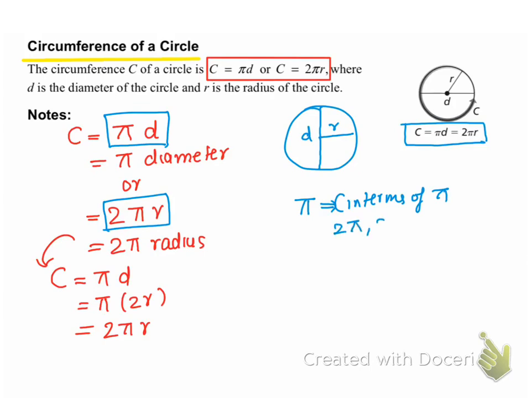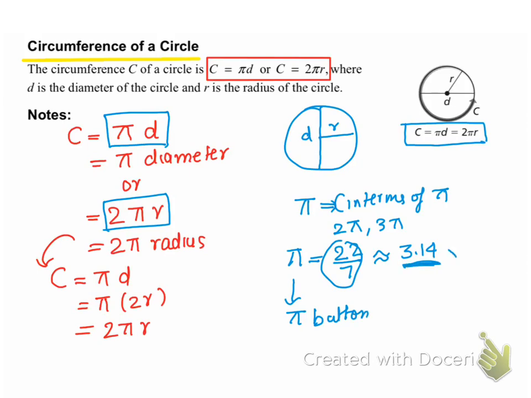You don't plug in pi. In general, pi is 22 over 7, or rounded 3.14. But always use the pi button in your calculator so that it doesn't give a rounded value. Never use the rounded one. Use the pi button so that it gives you an accurate value.